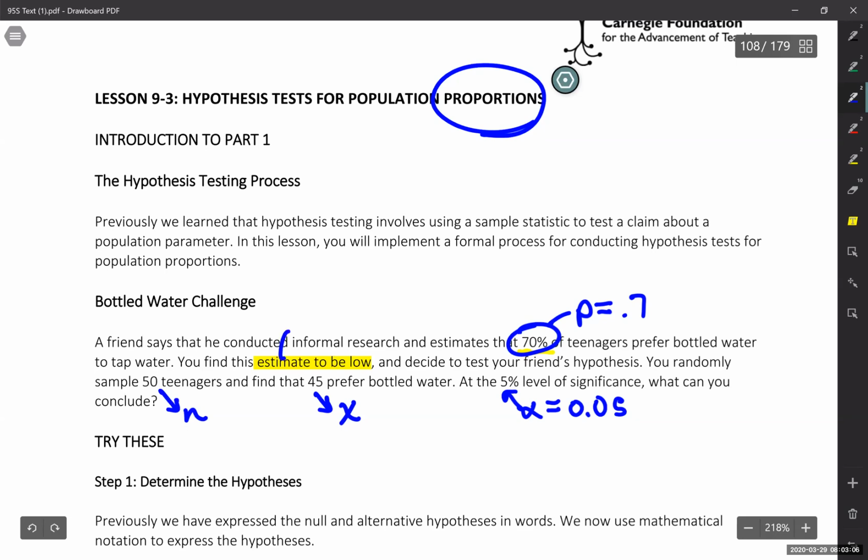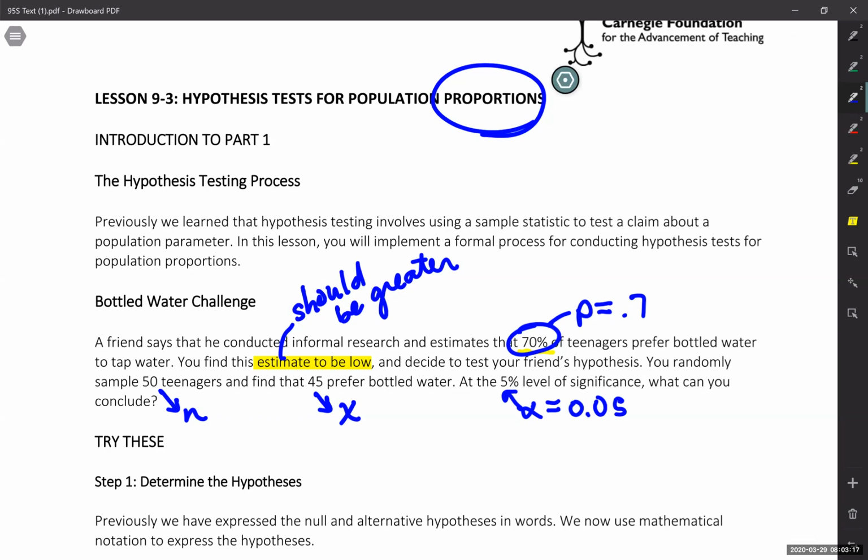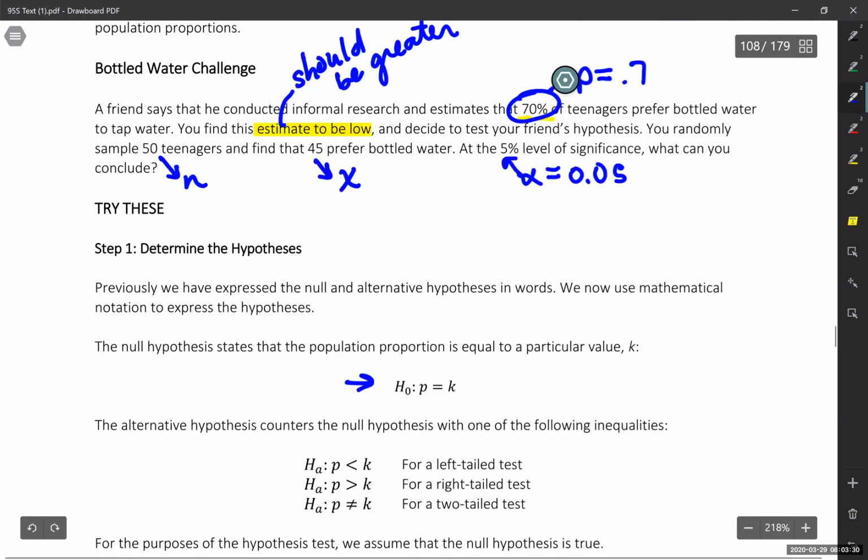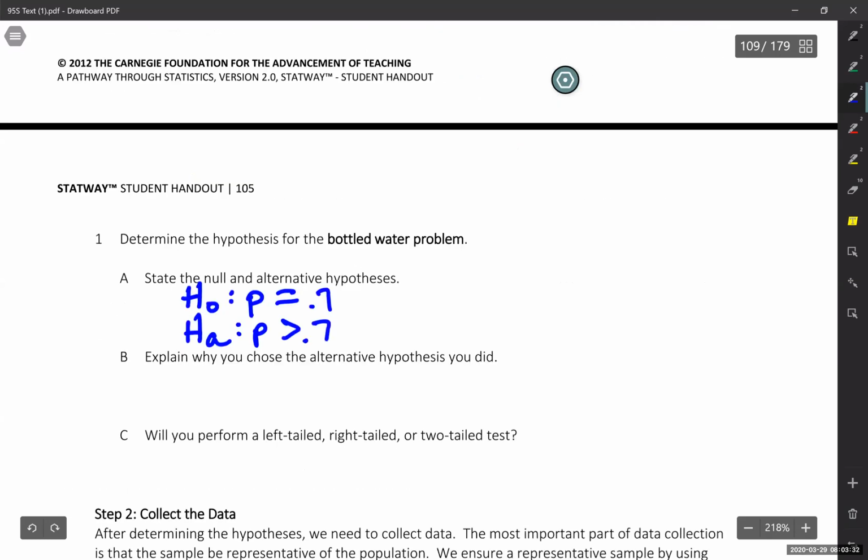So this means it should be greater. It doesn't always use the phrase greater than or less than or more or less in the problem, so sometimes you have to read into it a little bit. You find this estimate to be low. Well, if it seems a little low, that means you're saying it should be bigger than that. So greater than 0.7 for our alternative hypothesis, and greater than is right-tailed.